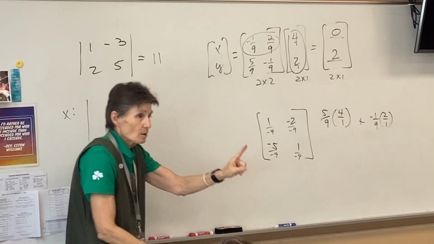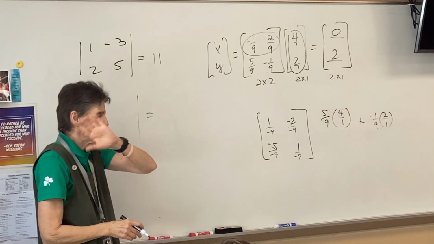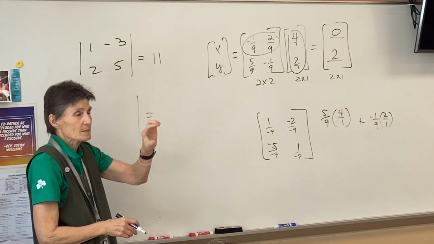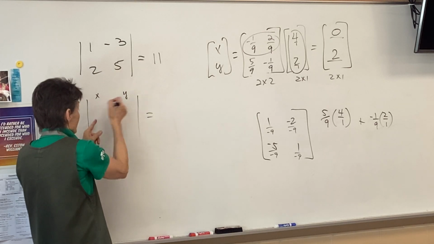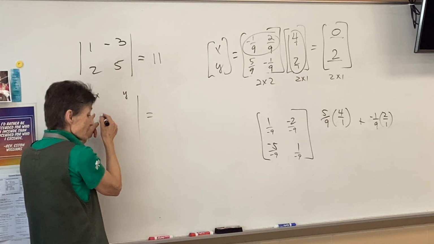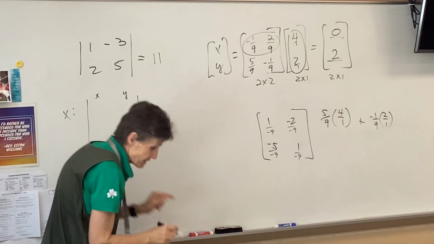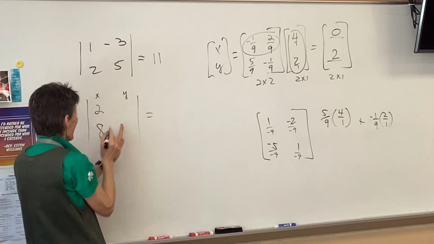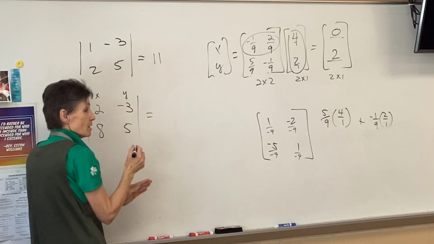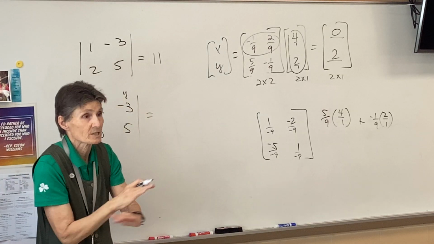So now for x, all right, I want you paying attention. For x, what are the coefficients? I mean, what are the x coefficients? 1, 2, right? This is the X column right here. That is the column that you paste in the 2 and the 8. The Y column doesn't change. Nothing moves, guys.